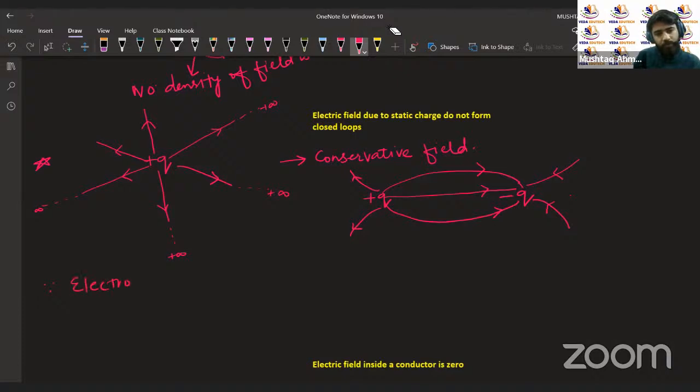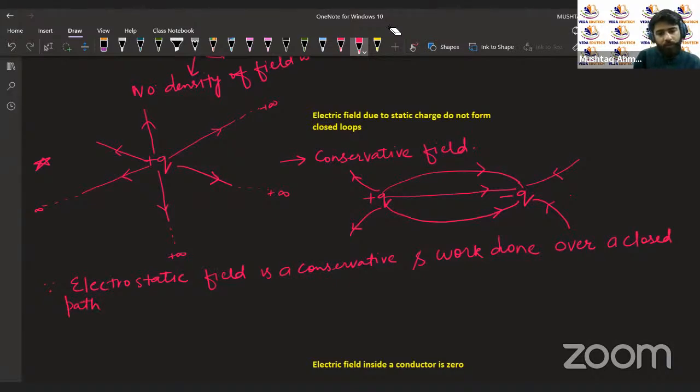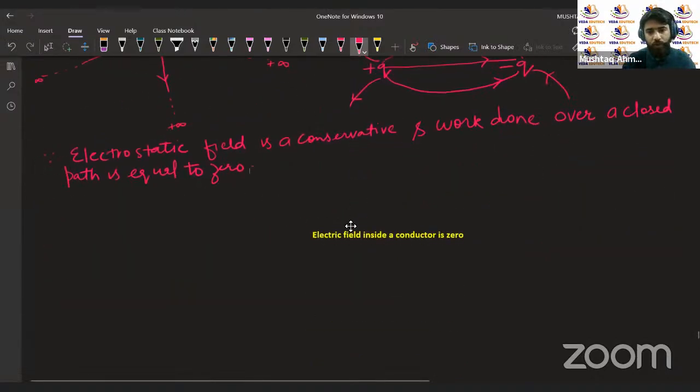You can write the reason here: the electrostatic field is a conservative field and the work done over a closed path is equal to zero. So this is the reason that electrostatic fields due to static charges will never form a closed loop.